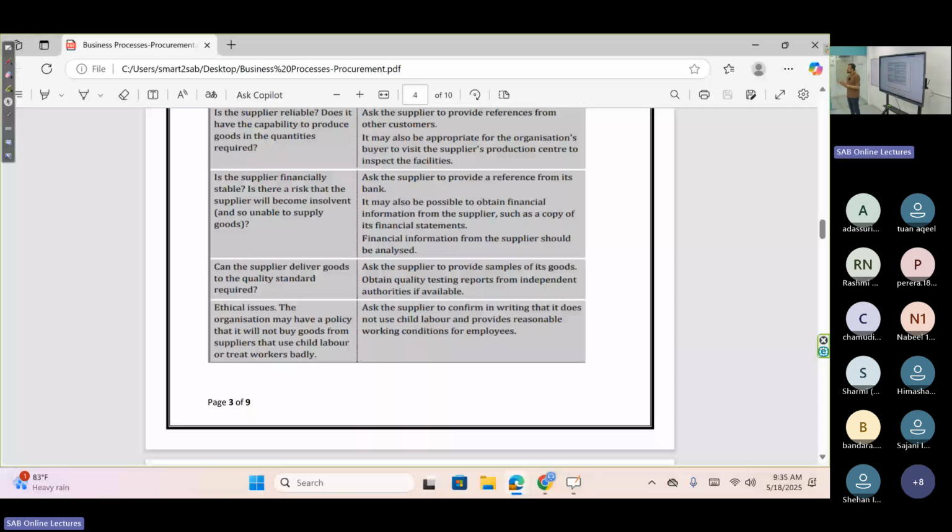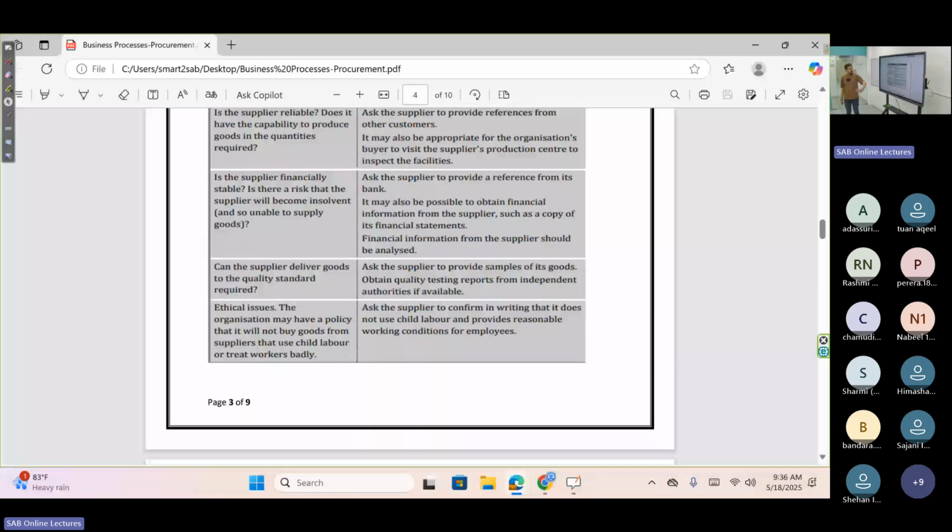So for ethical issues, ask the supplier to confirm in writing that it does not use child labor and provides reasonable working conditions for employees. The only way is getting confirmation. So this is an important topic.